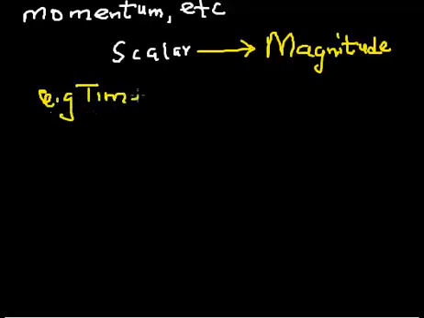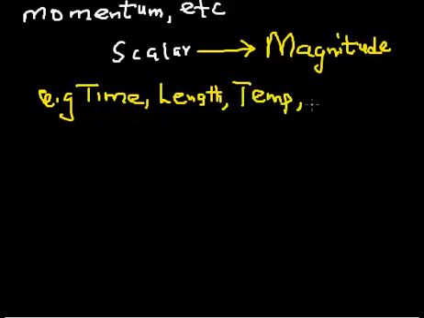Time only has magnitude. Length also has magnitude. The length is just a distance, the distance between two points, just a magnitude. Even temperature has magnitude. Work can only be expressed in magnitude, and so on. So these are scalar quantities.